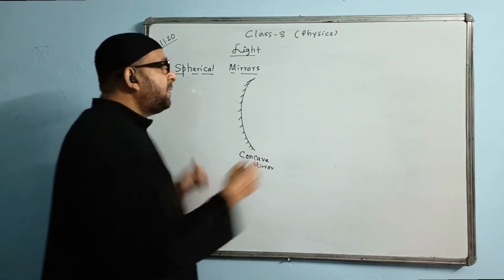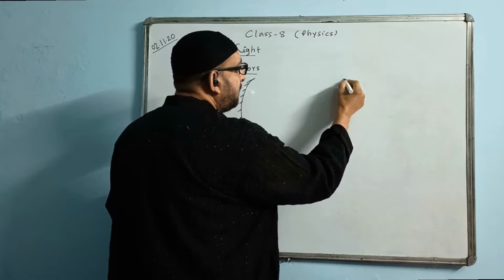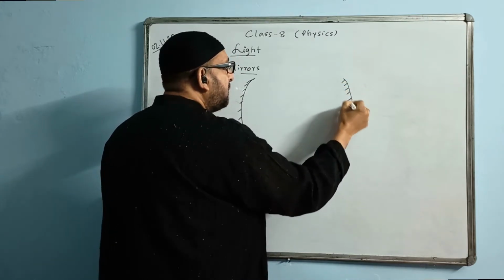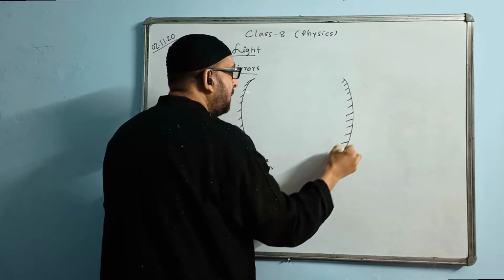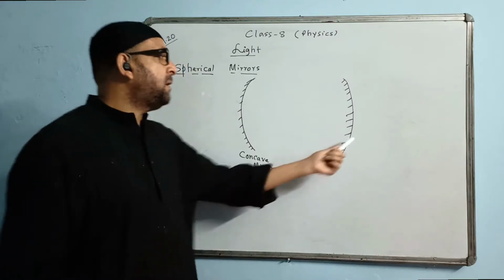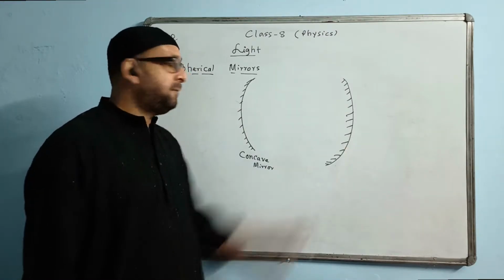What is a convex mirror? A convex mirror will be somewhat like this only, but its inner portion is polished, whereas the bulge portion is unpolished and not shining.